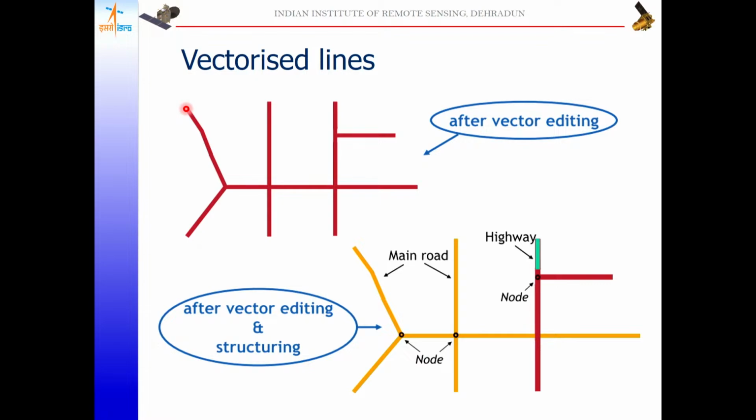I can make one click here, another click here, then at the end. With just four points, also known as vertices of the line, we can create this entire line, which is a road.